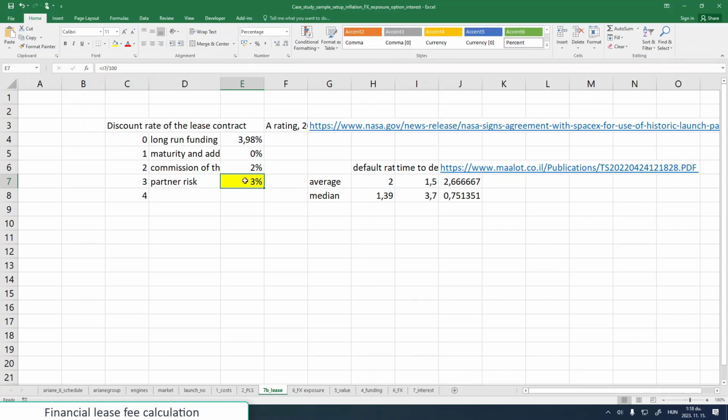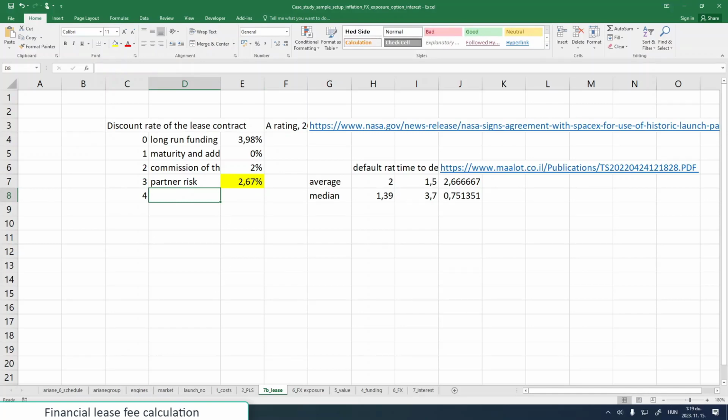So this can be somewhere between, maybe add some decimals, 0.75% or 2.66%. So let's use the highest value.